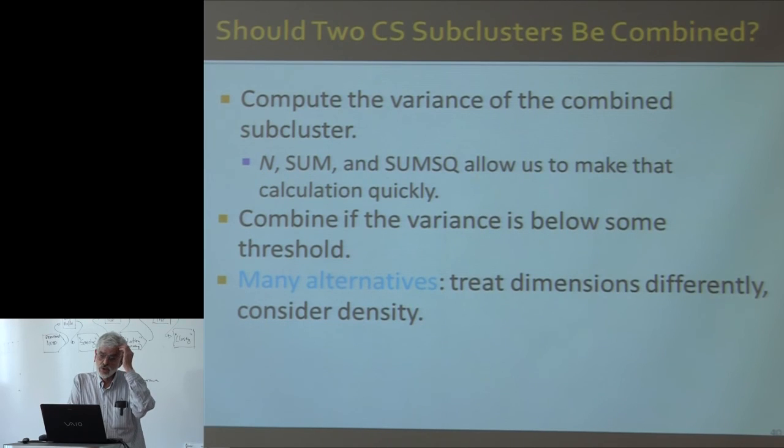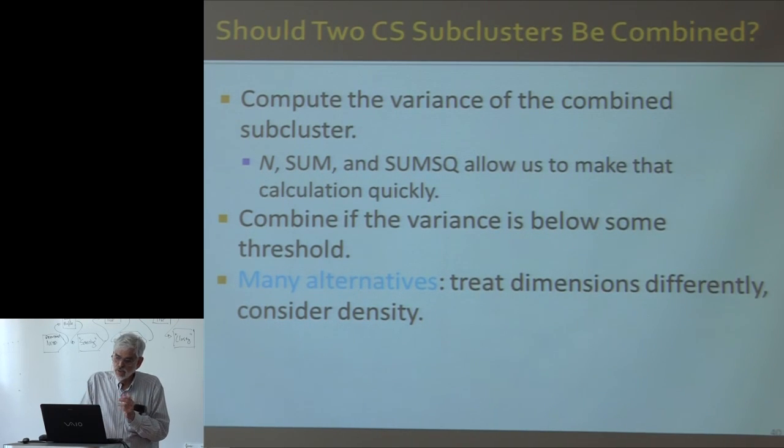Well, again, whether you should combine 2 subclusters: you could, for example, using sum squared and sum, calculate the variance of the points in the subcluster, and using a cohesion-based approach, ask: if I were to merge these two, would the variance be sufficiently small?